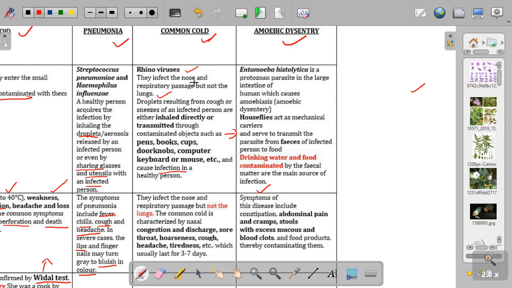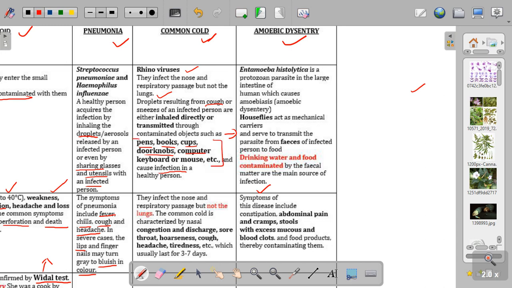Droplets from the cough and sneeze of an infected person are either inhaled directly or transmitted through contaminated objects, such as pens, books, cups, doorknobs, computer keyboards or mice. These are very commonly found objects in our day-to-day life.